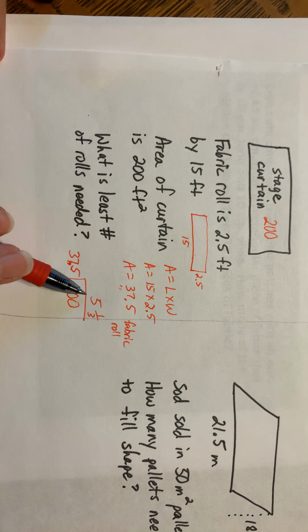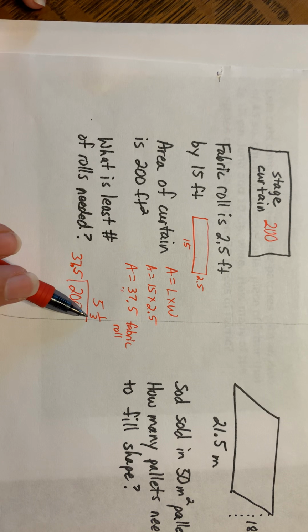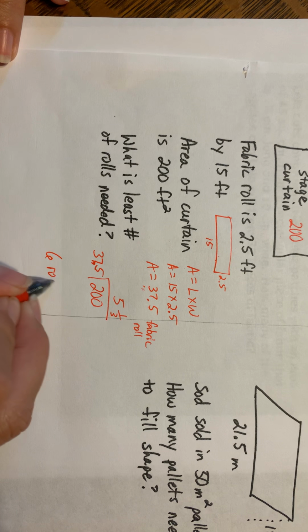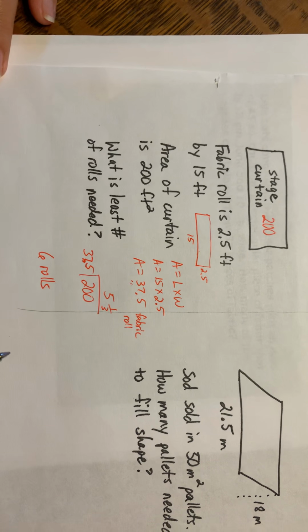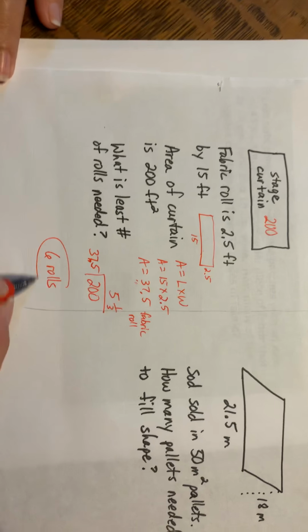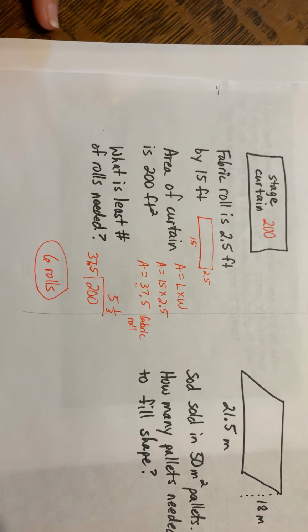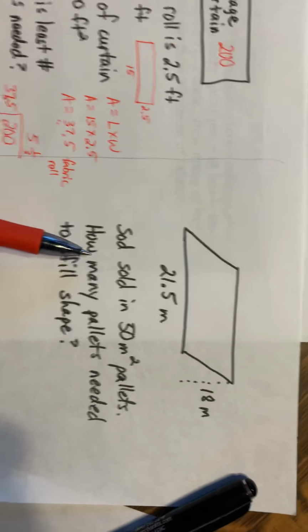Is that going to be enough? No, because you still have 1/3 that you have to make. So you're going to have to round it up, and you're going to need 6 rolls to make all of that curtain. You'll have a little extra, but you'll be able to make 5 1/3 rolls in order to fit that whole stage curtain.